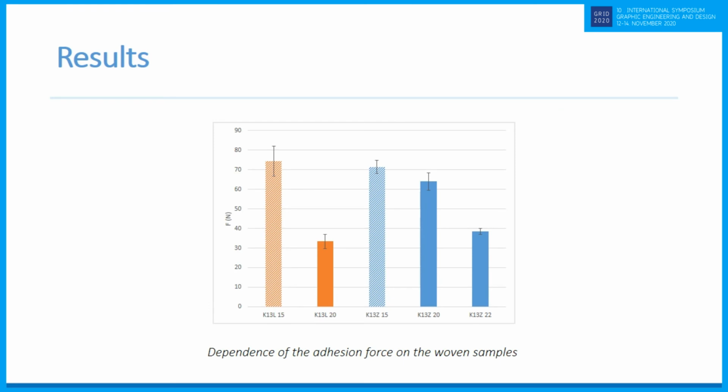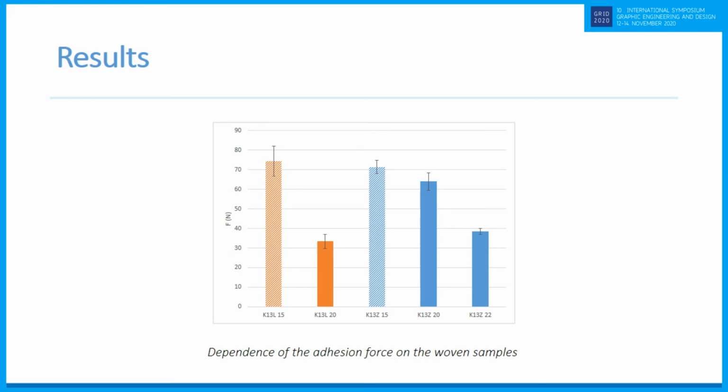Here are represented maximum adhesion forces and standard deviation on 3D printed textile substrates with the same width and different weft densities. Striped bars in the figure indicate that the fabric ruptured during the adhesion test before the 3D printed object was detached from the fabric.